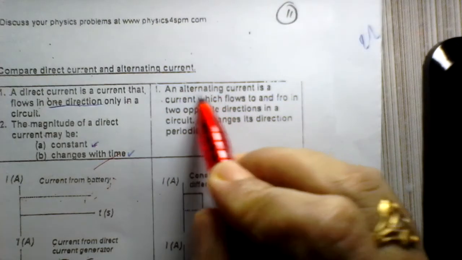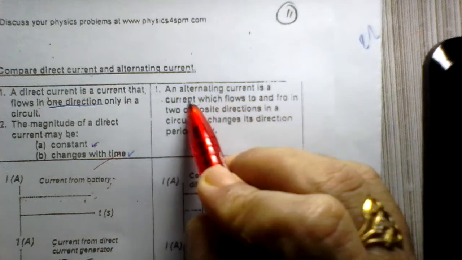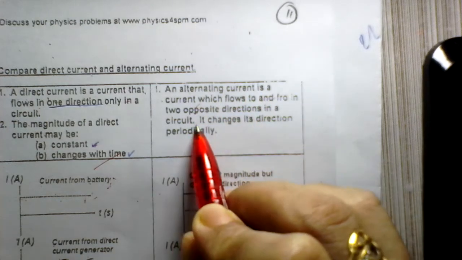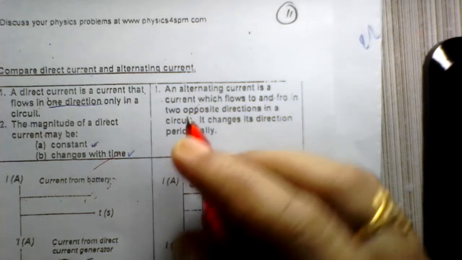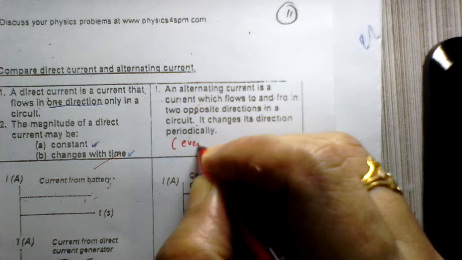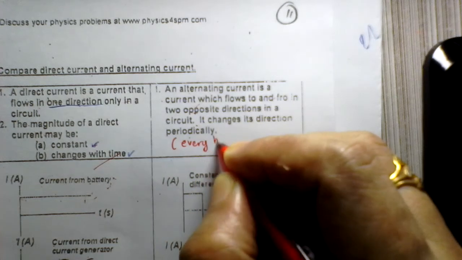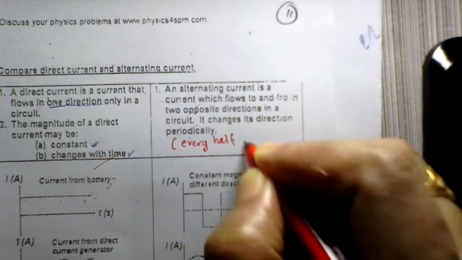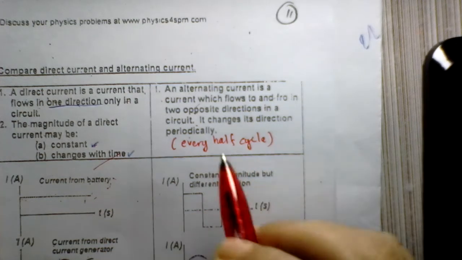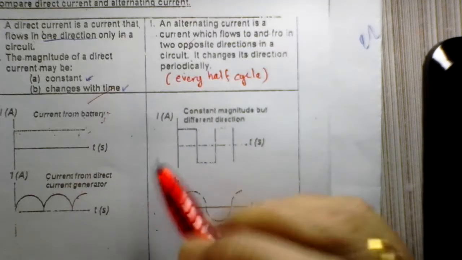Okay, for the AC current, an alternating current is a current which flows to and fro in two opposite directions in the circuit. It changes its direction periodically, so meaning every half cycle. For example, you can look at the graph for the AC.